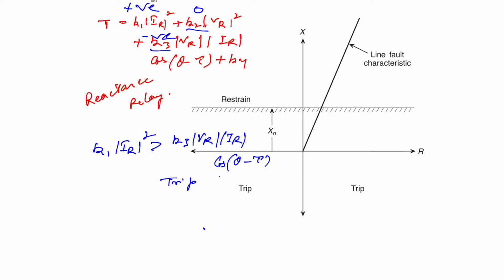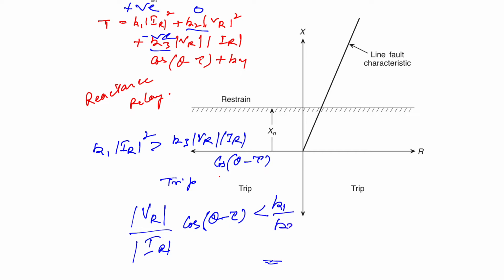This equation can be simplified by writing it as VR divided by IR cos of (theta minus tau) less than K1 divided by K3.